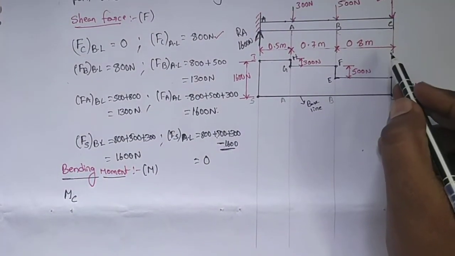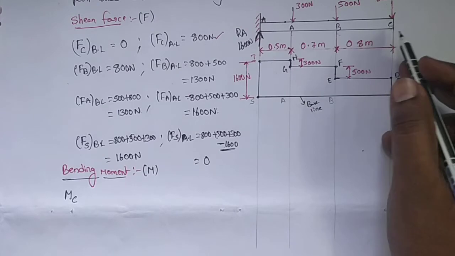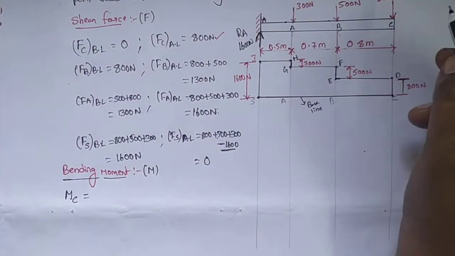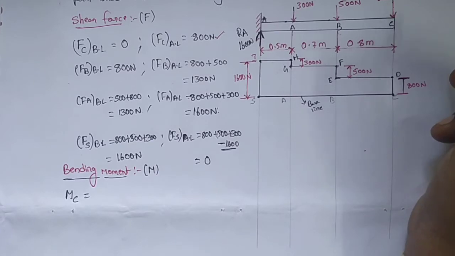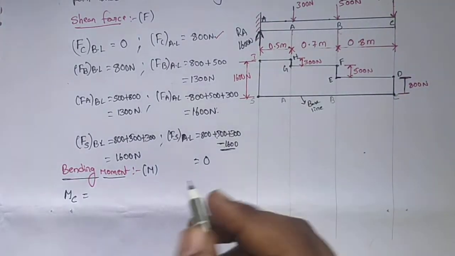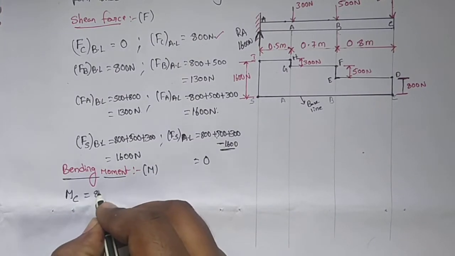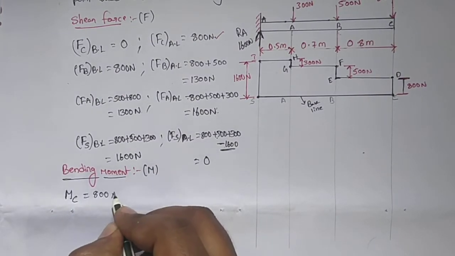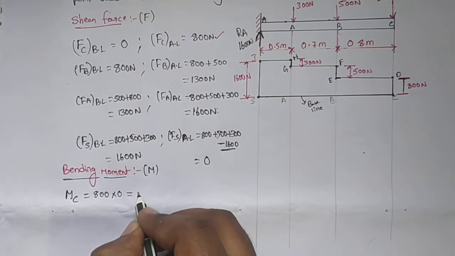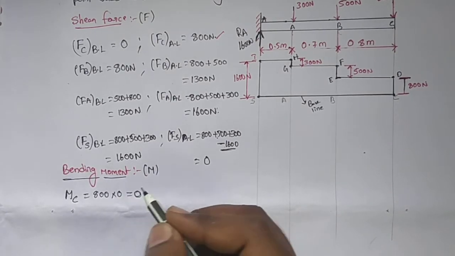At point C, the bending moment is nothing but force into distance. You know that, force into distance. Here the force acting on point C is 800. The distance from C to the applied load is 0. So the bending moment at point C is 0.